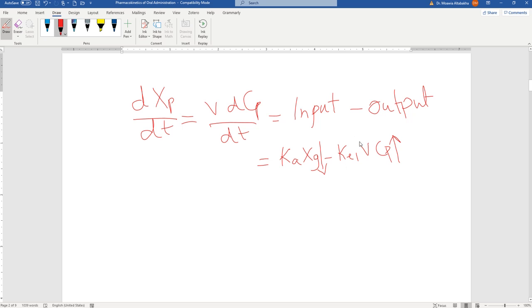Why? This is constant, and this keeps increasing in the beginning. So I have a positive increase in concentration in the beginning. Then with time the rate of absorption decreases, the rate of elimination increases until both are equal. Right? When this rate is equal to this rate.